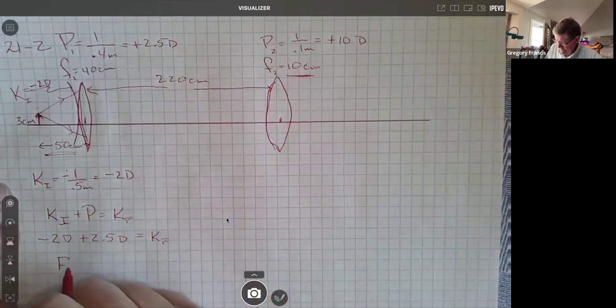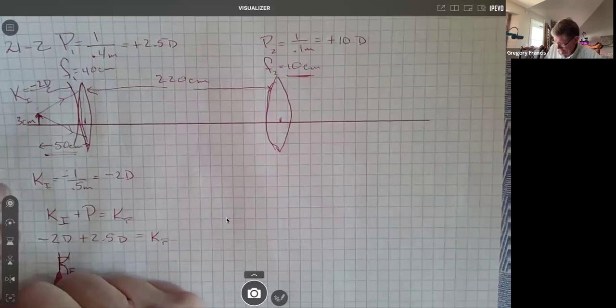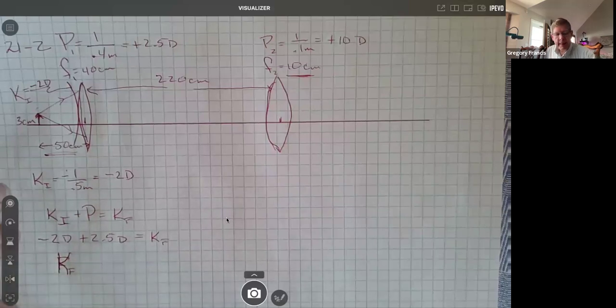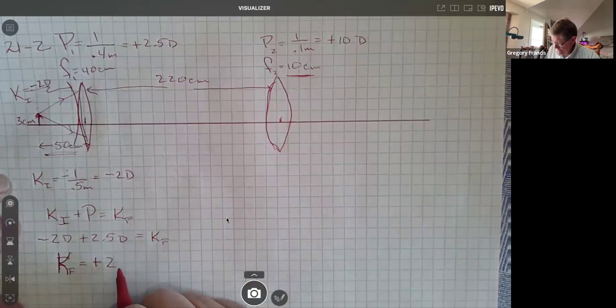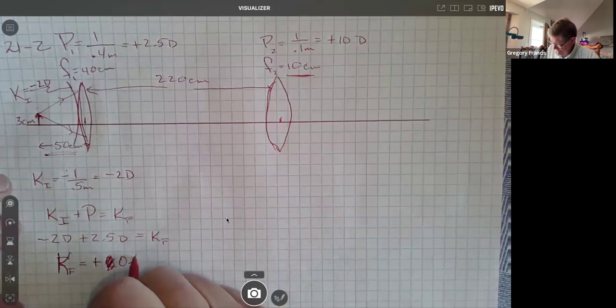I keep writing K with an F, I don't know why I do that. So K final is going to be, I'm sorry, 0.5 diopters.